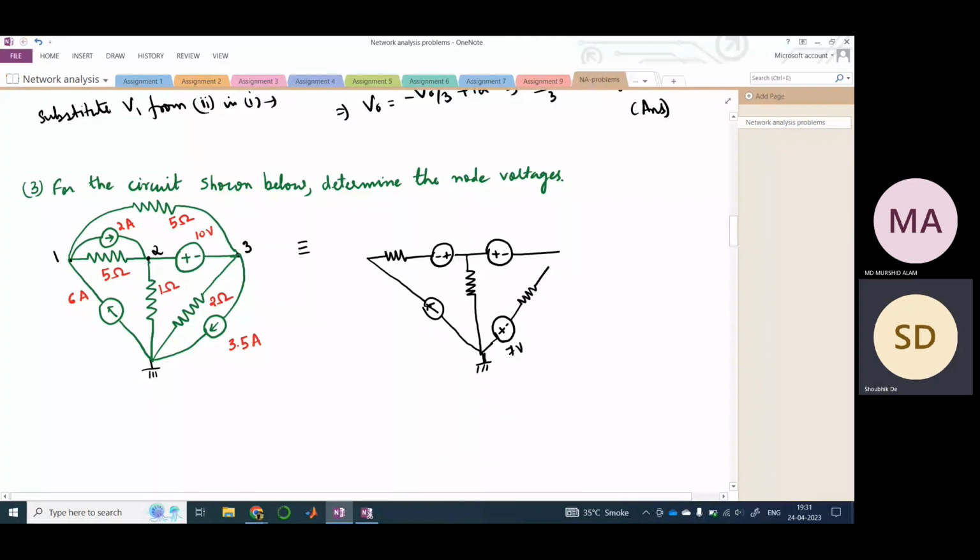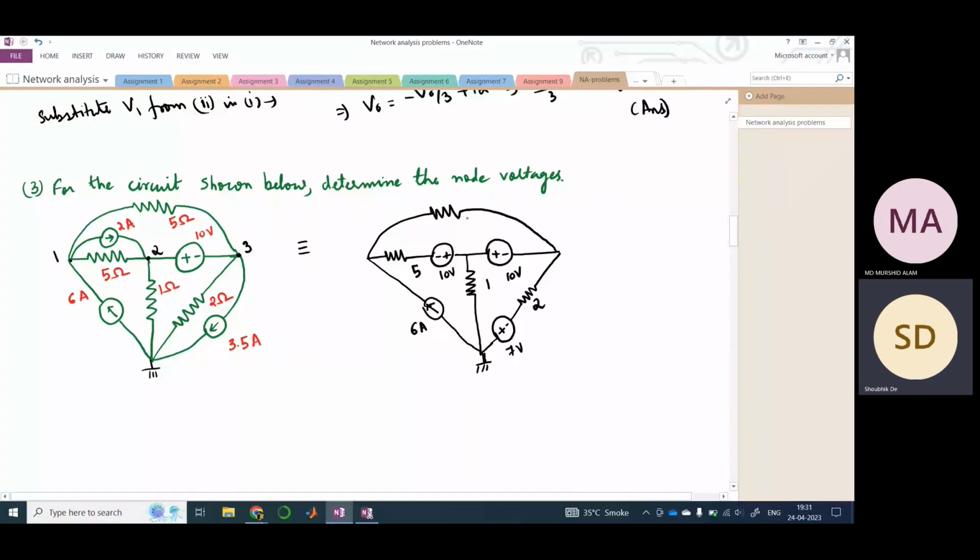So this would be your 2 ohm resistance. This is 1, this is 5, this is 6 amperes, this is your 10 volt, this is also 10 volt, and we are left with this 5 ohm resistor.